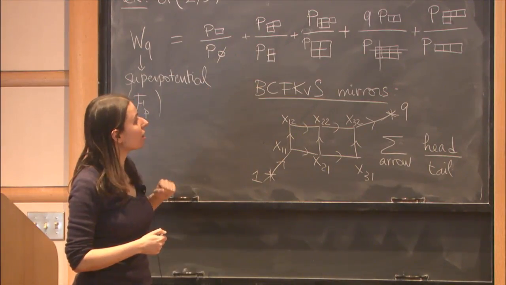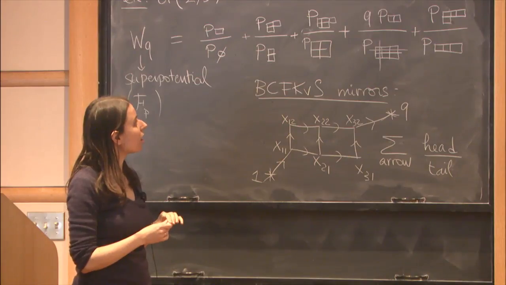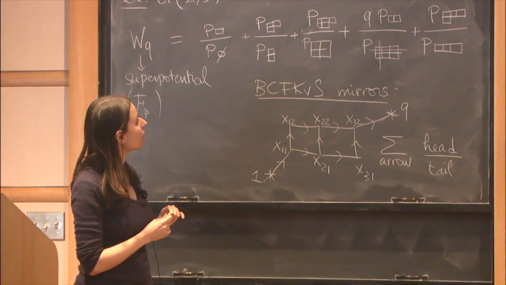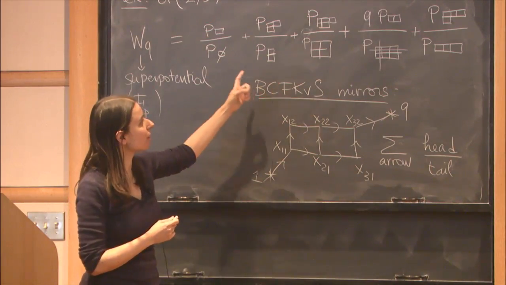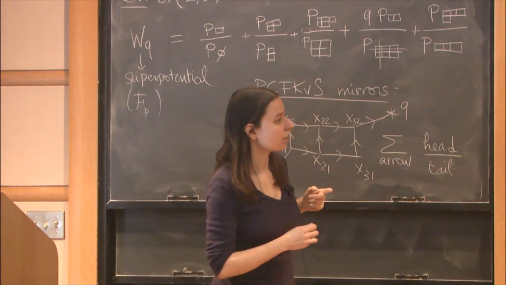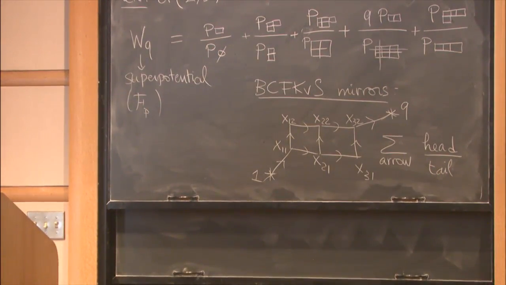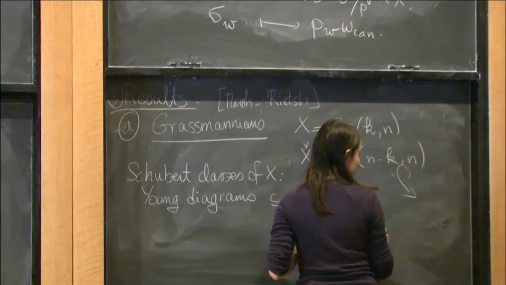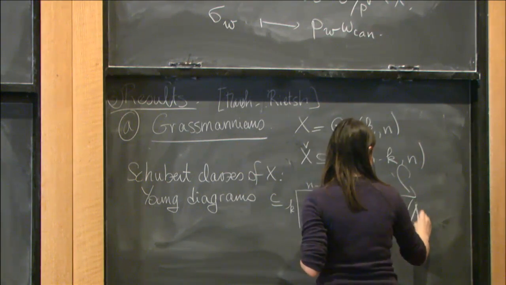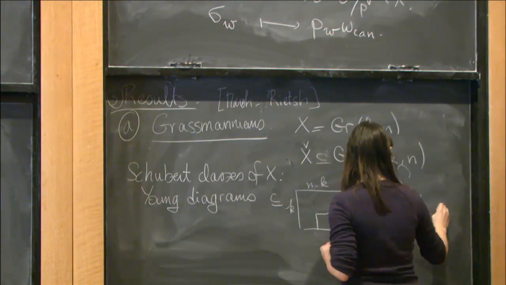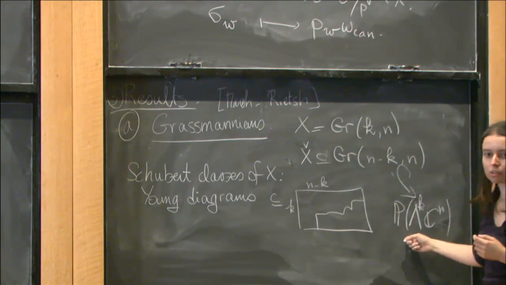So what is its meaning? Oh, I've just given the formula for this as defined by the Plücker coordinates. You can embed this into projective space, and you've got some Plücker coordinates.